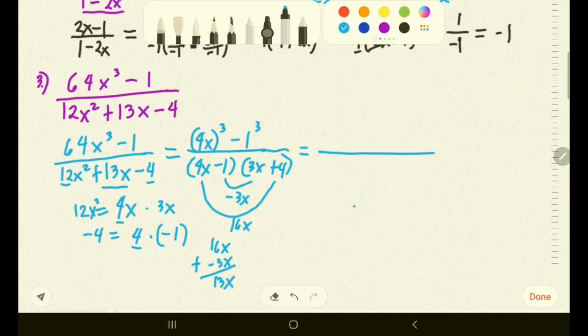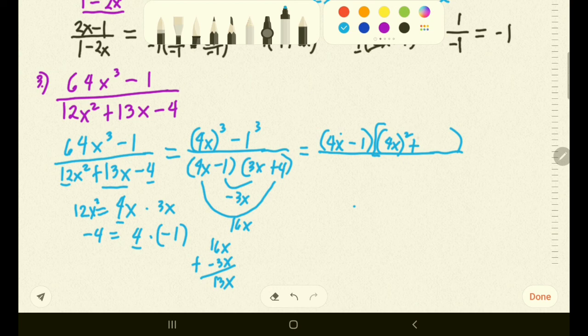Applying the factoring of the difference of 2 cubes, get their bases. So you have 4x minus 1. From the binomial factor, you get the trinomial factor. How? Square of 4x, that would be (4x) squared. We'll use brackets. Then you multiply the 2 terms. Since it is negative, we place here positive, the partner for negative.